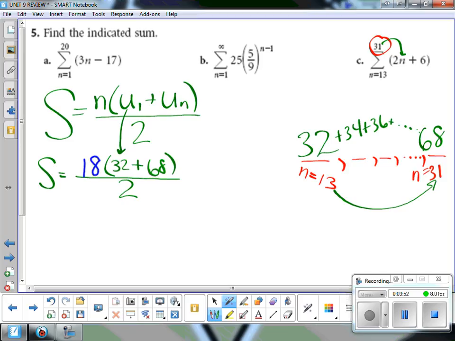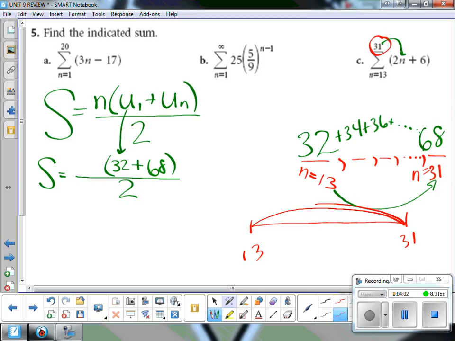When you find the difference, you're looking for the space between, the gap. How far is it? But if you're saying how many numbers are here, there's 19: 13, 14, 15, 16. If you added them all up, there'd be 19 numbers there.